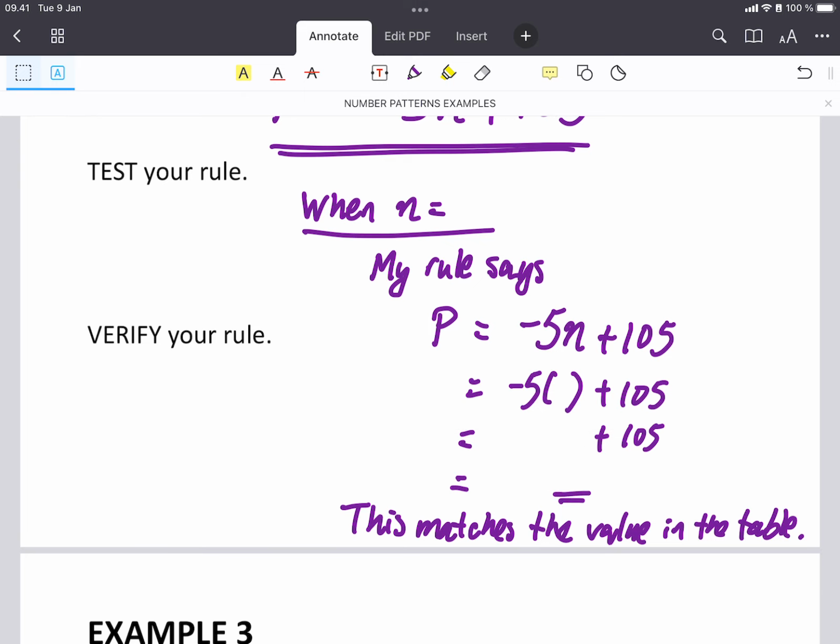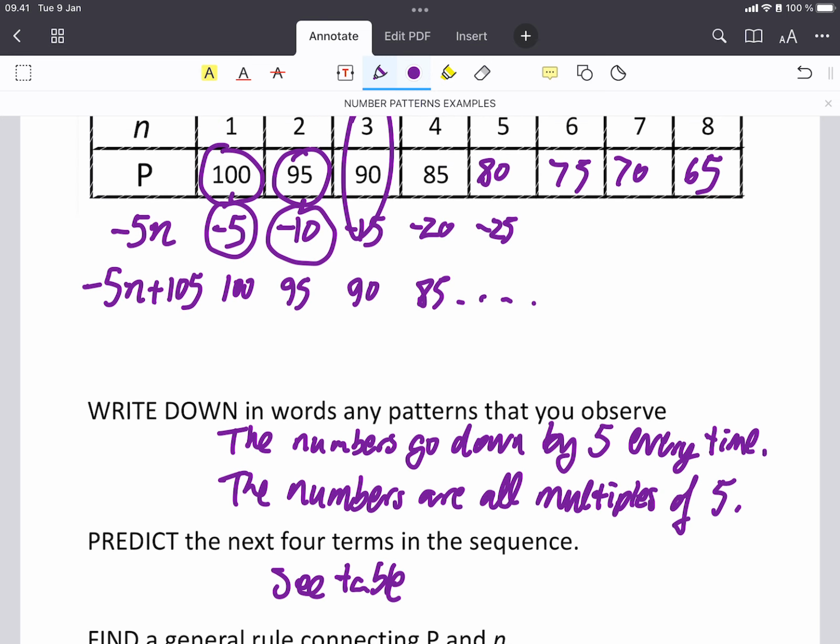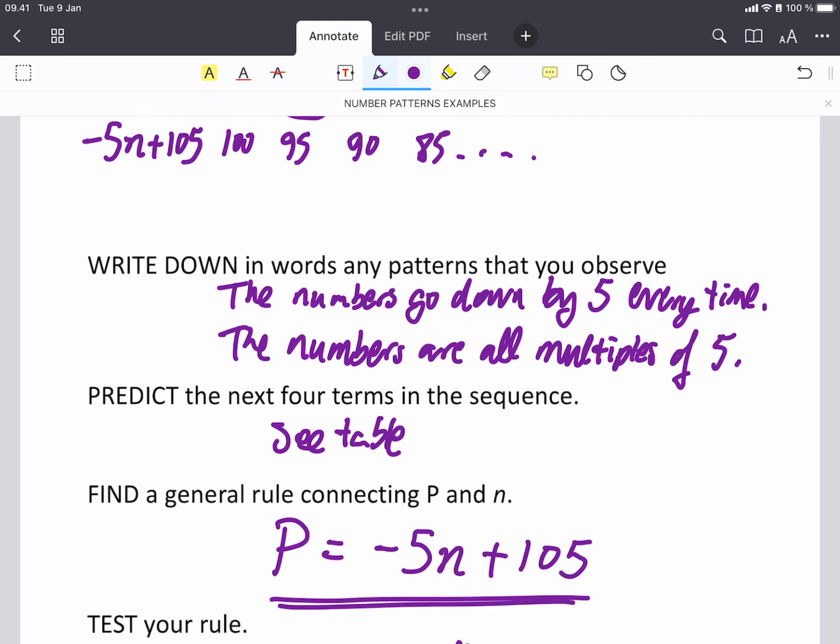So again, very easy to do this kind of cut and paste in the exam interface as well. So when n equals 4, my rule says p equals minus 5n plus 105, which is minus 5 times 4 plus 105, which is minus 20 plus 105, which would be 85. And this value matches the value in the table.